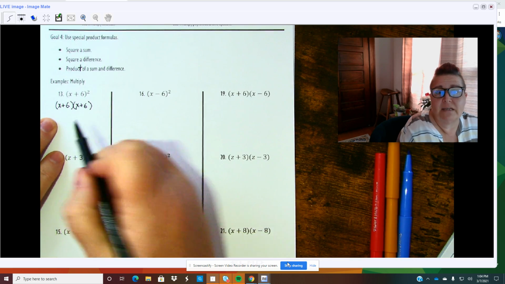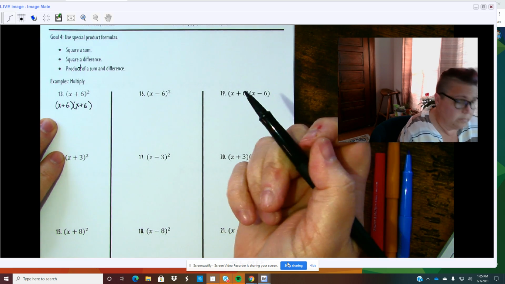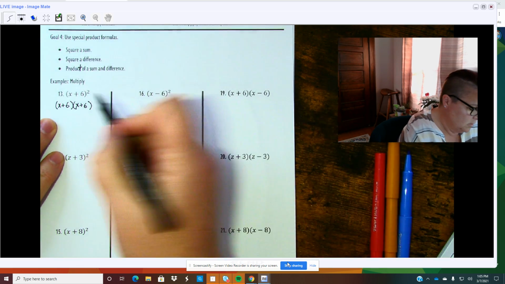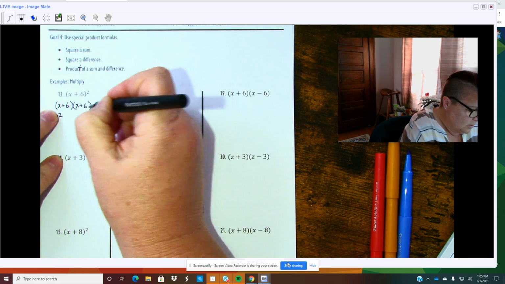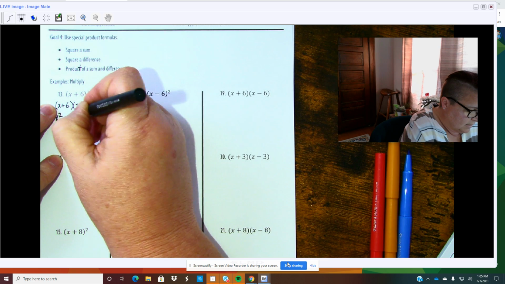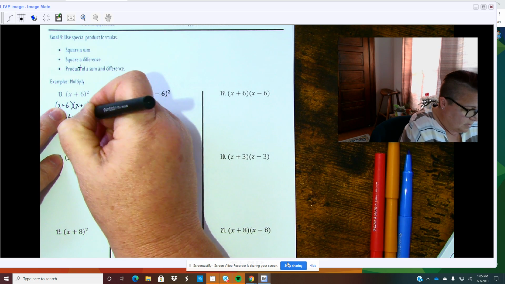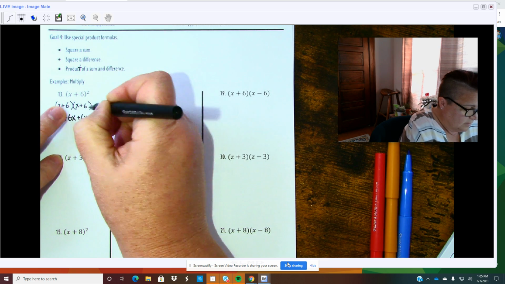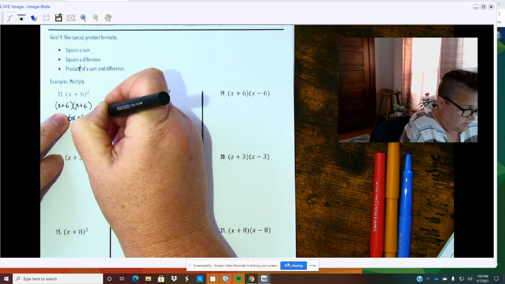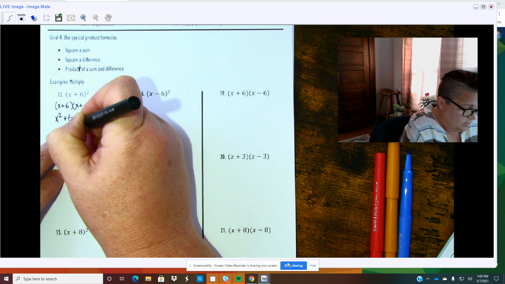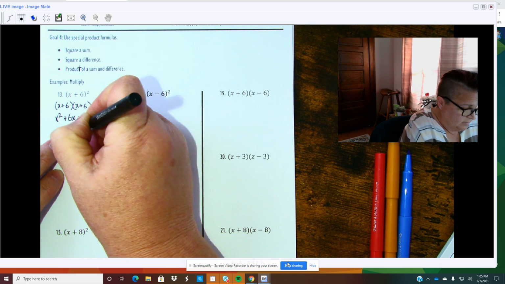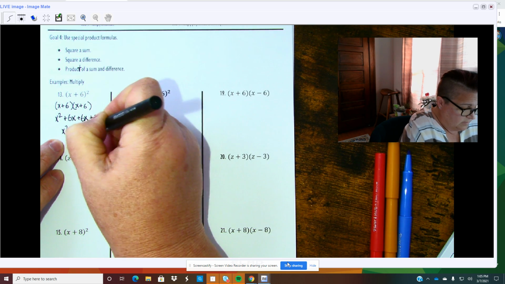And from here, we can FOIL or we can double distribute. I'm going to FOIL. That's going to give me x times x first. Outside will be 6 times x. Inside is also 6 times x. And the last is 6 times 6, or 36. This gives me x squared plus 12x plus 36.